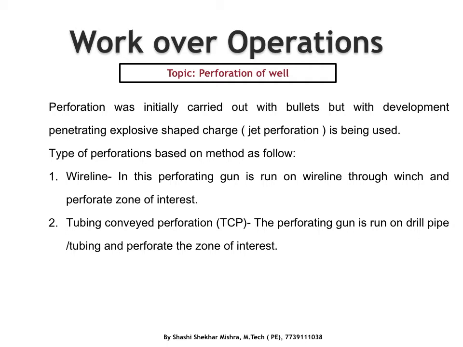Wireline perforation can be done in casing or through tubing. Tubing conveyed perforation has two types, shoot and drop and shoot and pull.